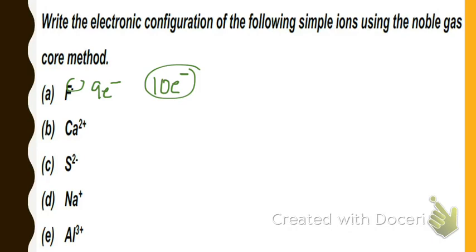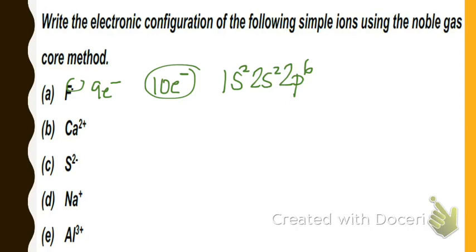So technically I could do helium for that. But honestly, most people don't, because the difference between writing helium and 1s2 is not that big a difference. So it's going to be 1s2, 2s2, 2p6. Normally it would end in 2p5, but we added an electron.